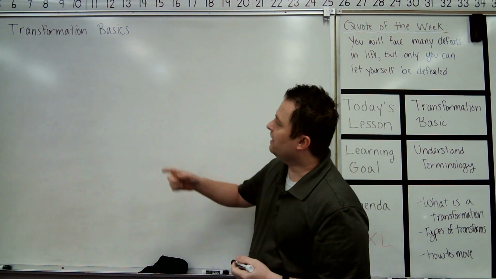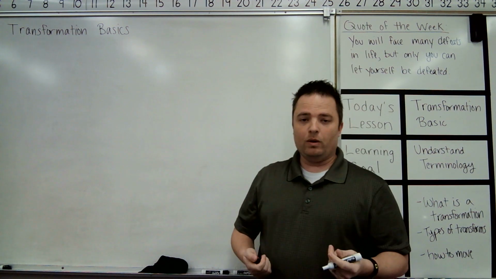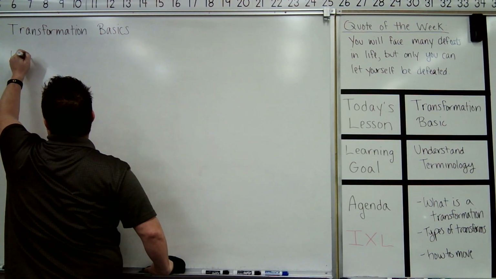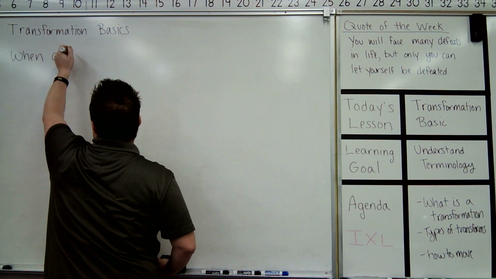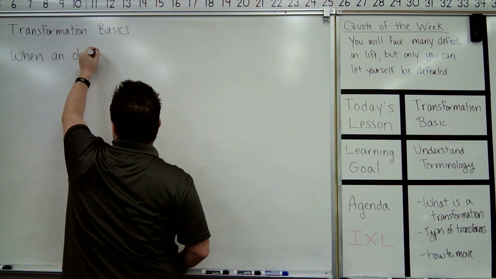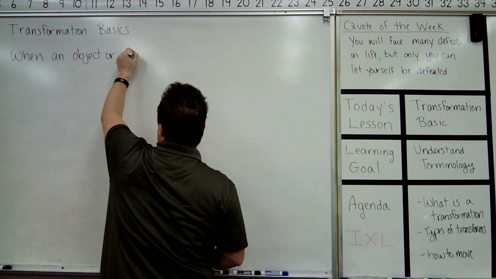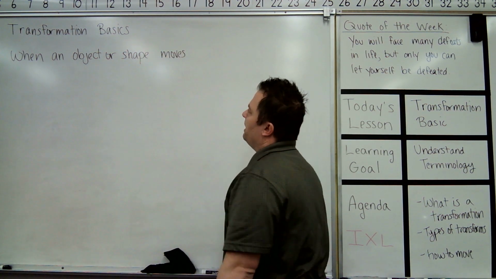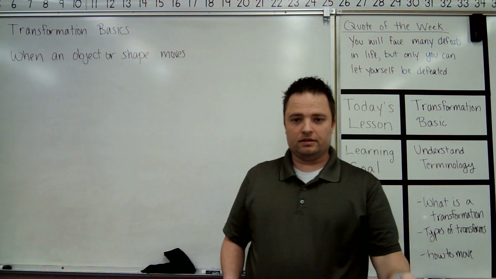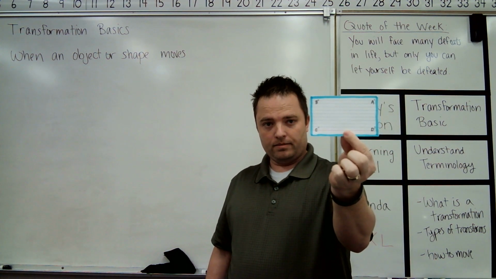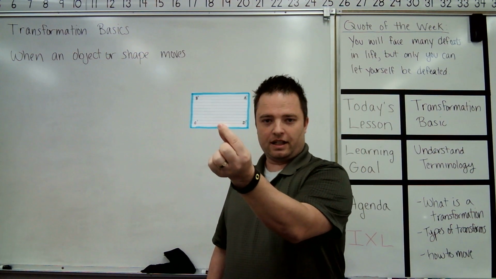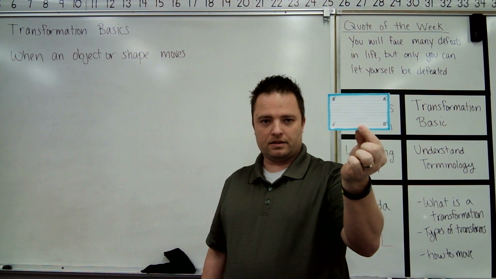So what exactly is a transformation? Well, in geometry, when an object or shape moves, okay? Meaning, let's just say I have an object, okay? In this case, I have a square. This is also a shape, right? If it moves, such as like this, okay? This is a type of movement, and like this.